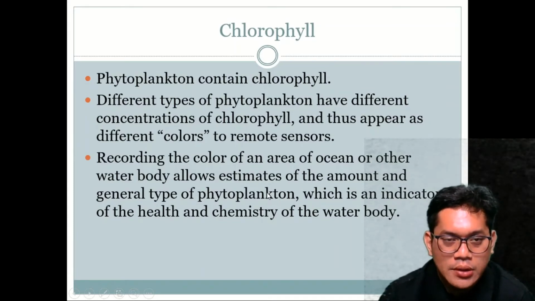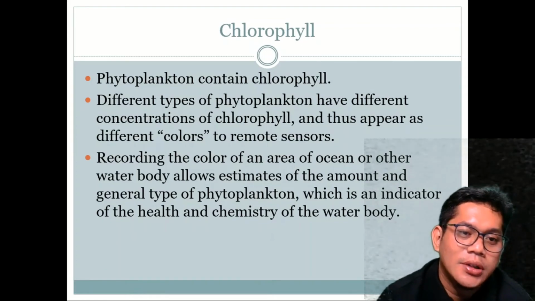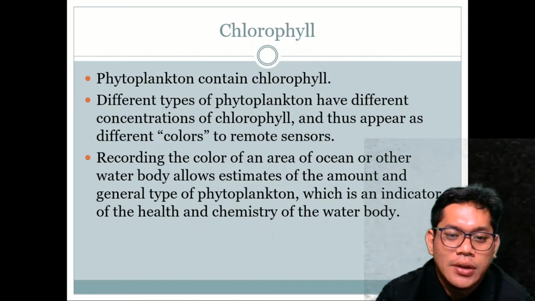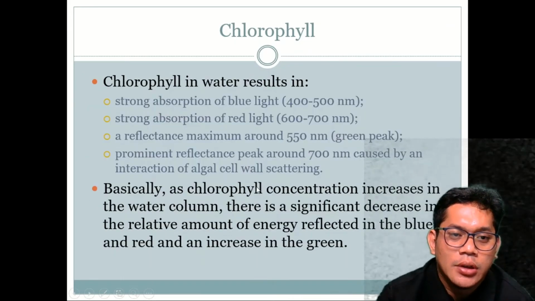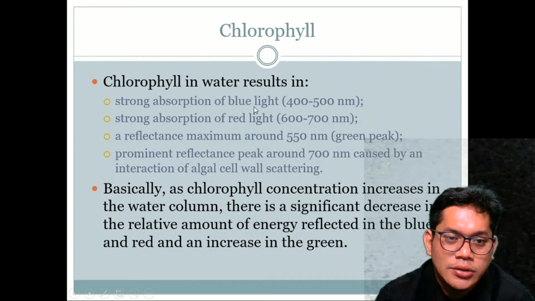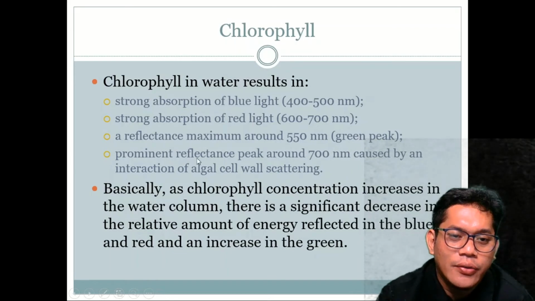Therefore it gives you the idea of how the water is. Of course, in the water there is some chlorophyll from the phytoplankton. Different types of phytoplankton have different concentrations of chlorophyll and give you different colors. Chlorophyll in water will result in strong absorption in the blue and red colors, a bit of a green peak, and of course some reflectance peak within the NDVI range.